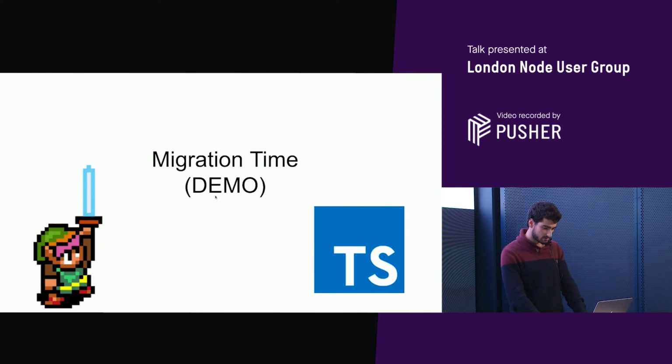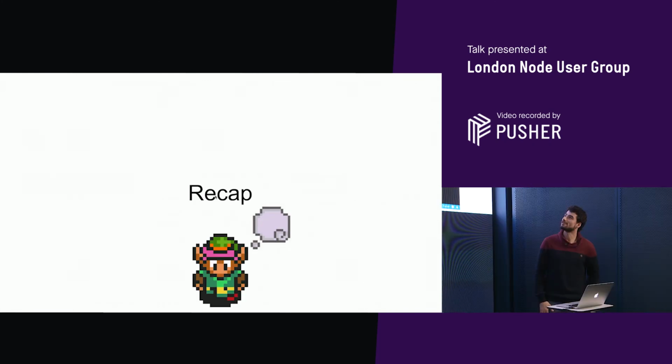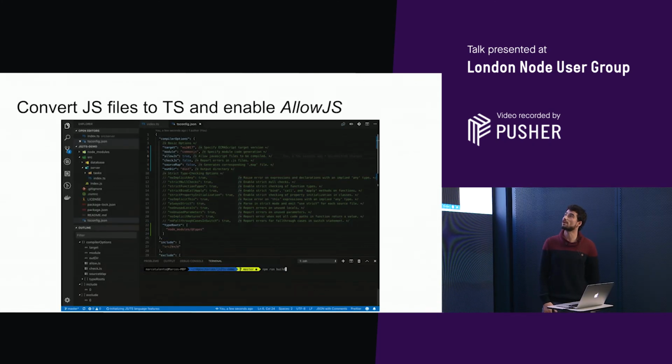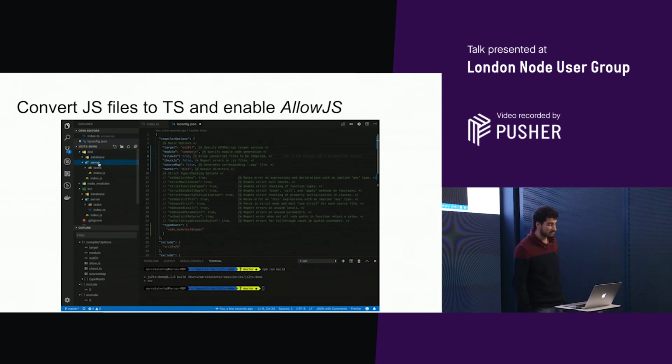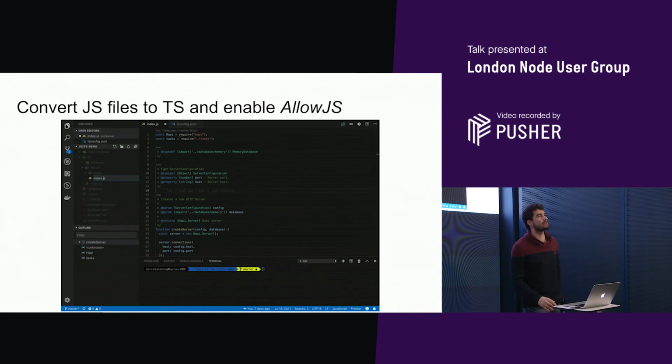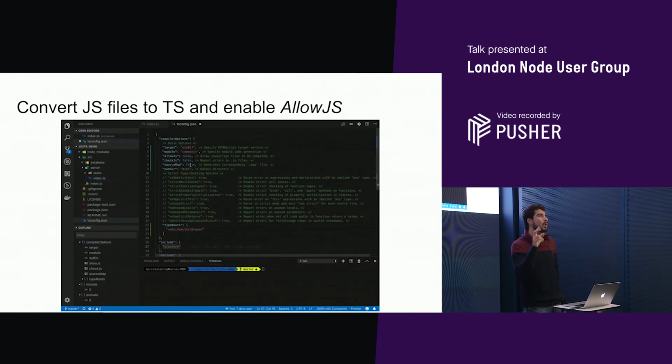So let's just recap. Convert JavaScript files to TypeScript and enable the allowJs flag. This flag tells the TypeScript compiler to also compile the JavaScript to our destination folder.